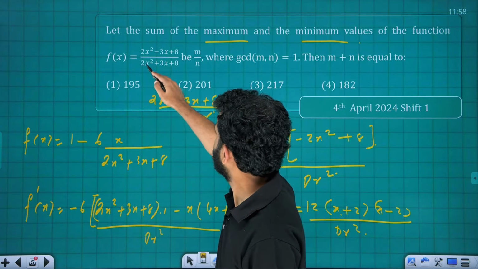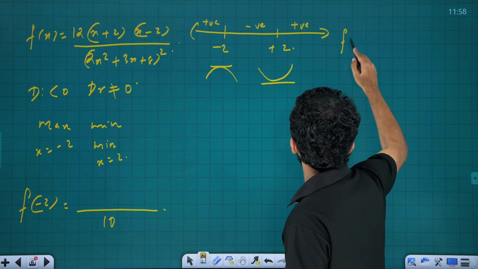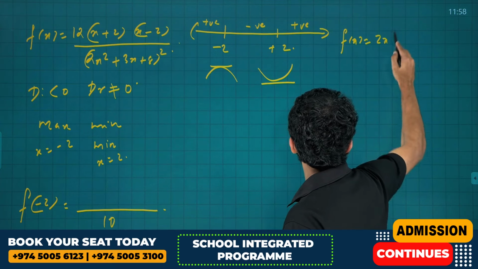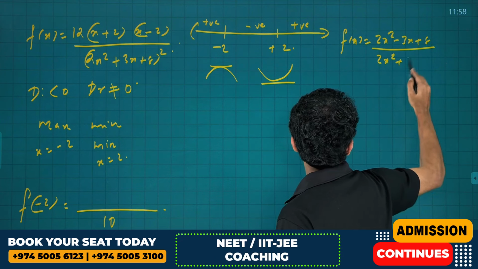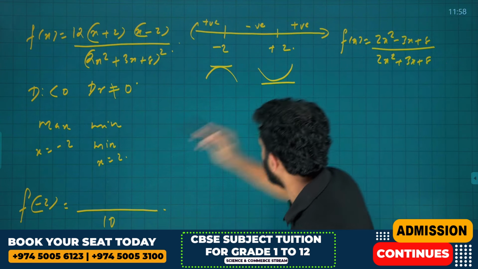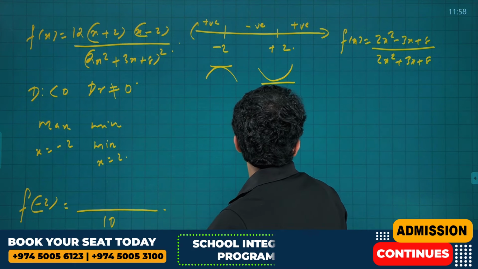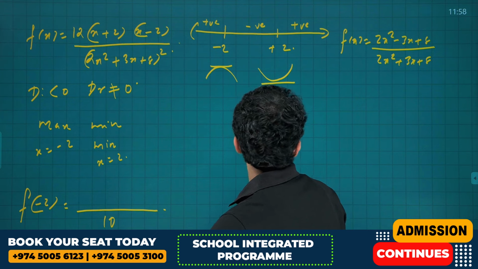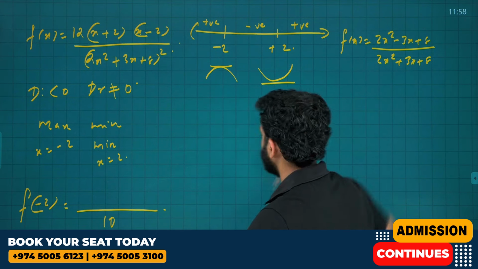And f of x is equal to 2x square minus 3x plus 8 divided by 2x square plus 3x plus 8. This value we have already formulated here, and this one will be 8 plus 8 is 16, 16 plus 6 is what?